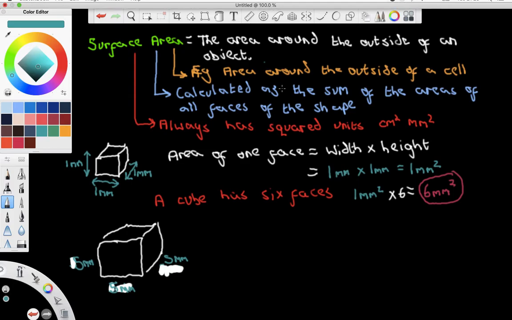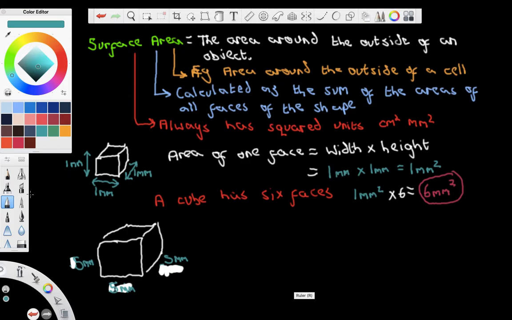Okay, so you should have had a go at that surface area. Let's write down first of all the area of one face. Our area of one face is equal to 5 times 5, so 5 millimetres times 5 millimetres is equal to 25 millimetres squared.